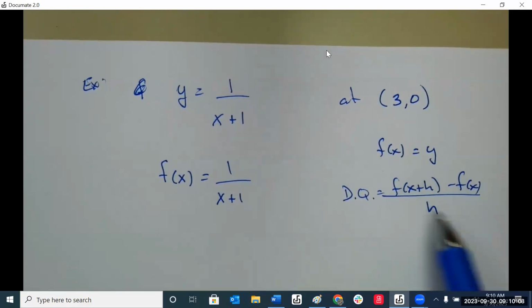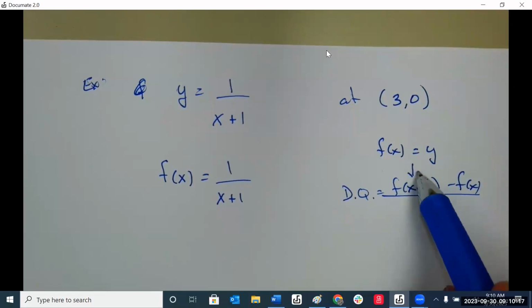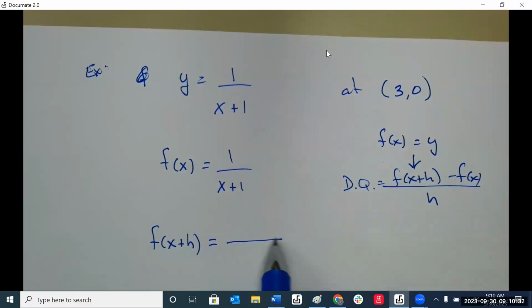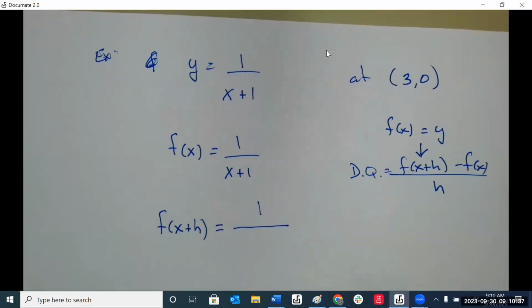What don't we have for this function? We don't have the f of x plus h. That's the first thing you have to find. How do you find f of x plus h? Anywhere you see an x, put a plus h behind it.